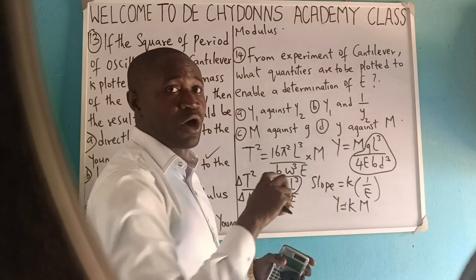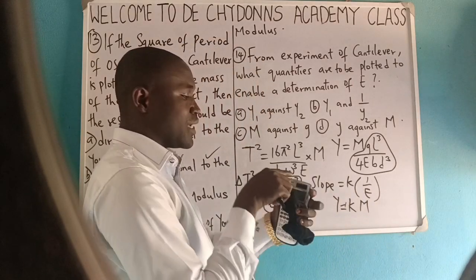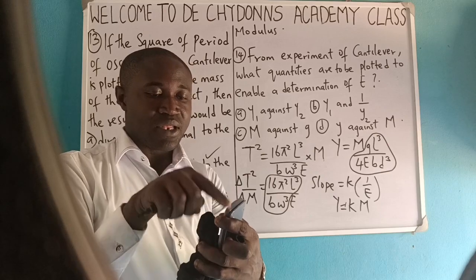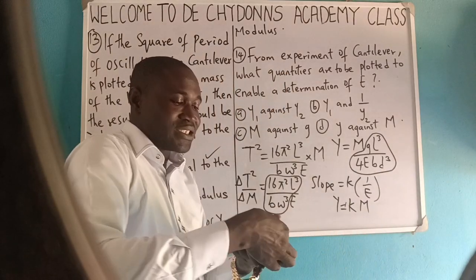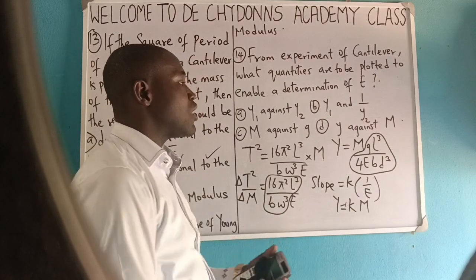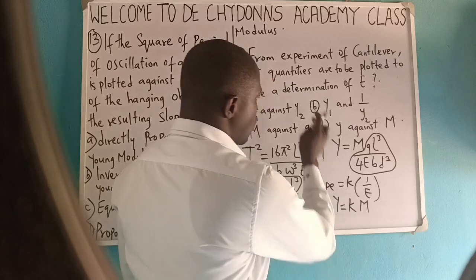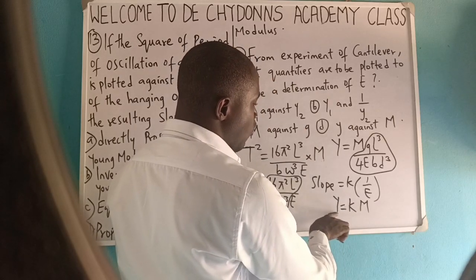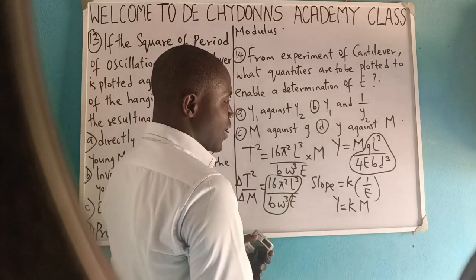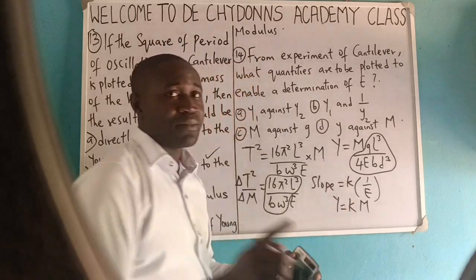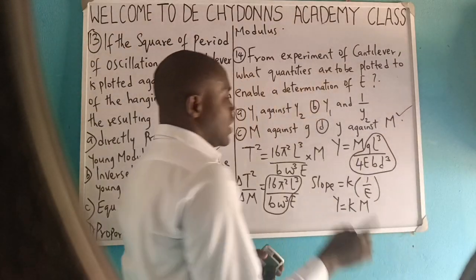L is the length of the meter rule, B is the breadth, and D is the thickness of the meter rule. So you package it. That means in this question, we plot the graph of Y against M, not the other options given to us. Y against M is the correct one. We pick option D as it is.